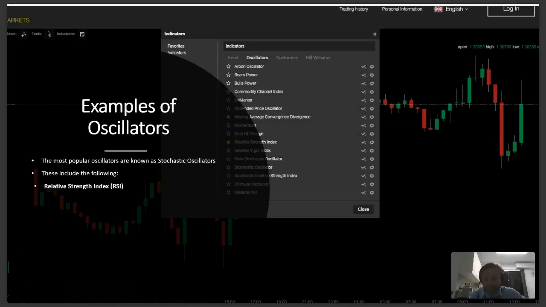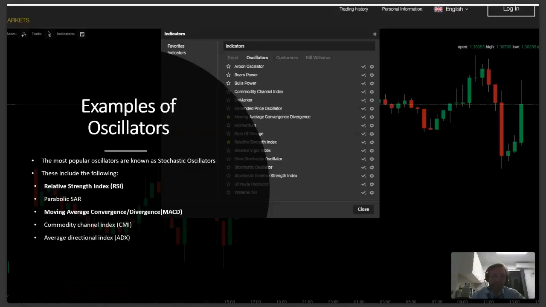Relative strength index, which you've no doubt heard of, known as the RSI, that we will discuss. Parabolic SAR, which is another oscillator. Moving average convergence divergence. Rolls off the tongue, that one, doesn't it? Or simply known as MACD. We'll discuss that as well today. Commodity channel index.